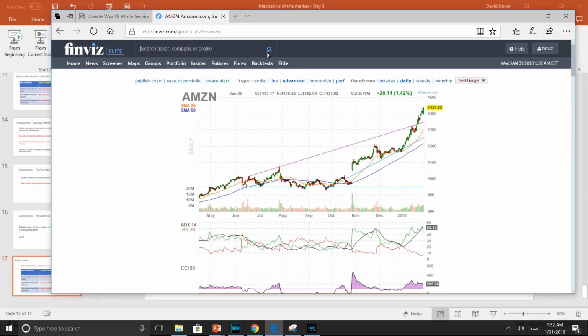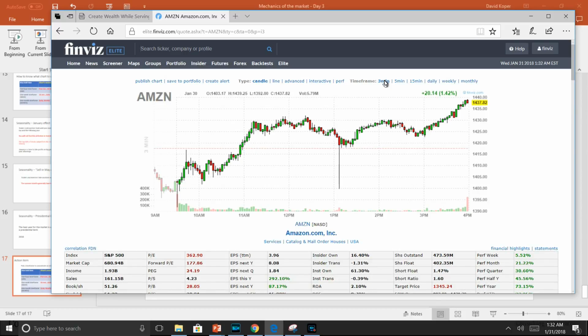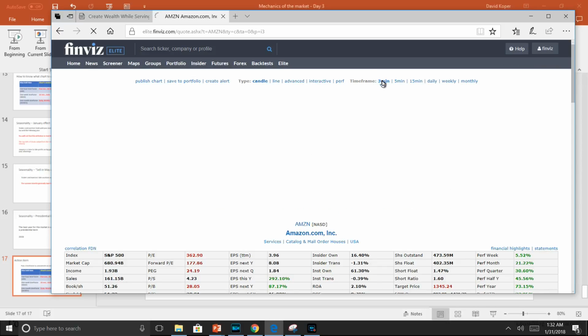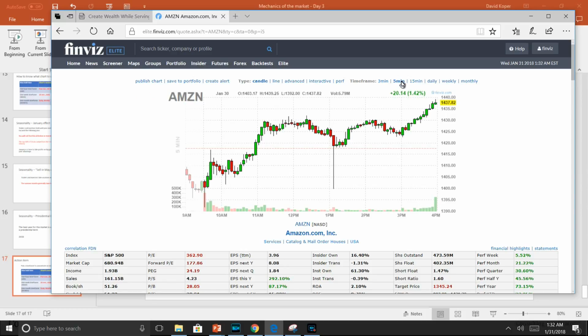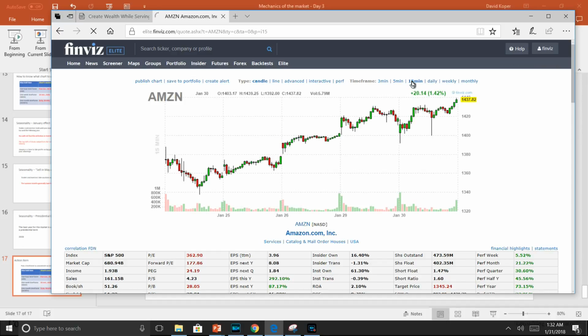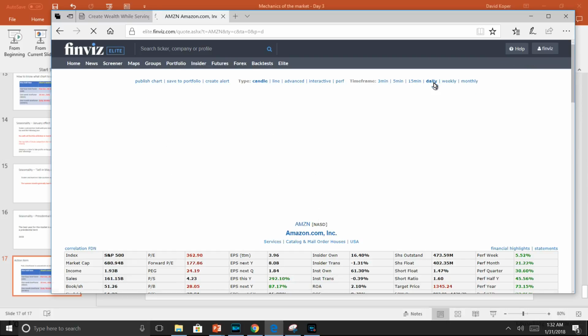So this is the daily time frame, and if I click on intraday, you can see all the way down to the 3-minute time frames. So 3-minute, and you go to 5-minute, and 15-minute. The 15-minute chart covers 1 week. And this was the daily that we started on.